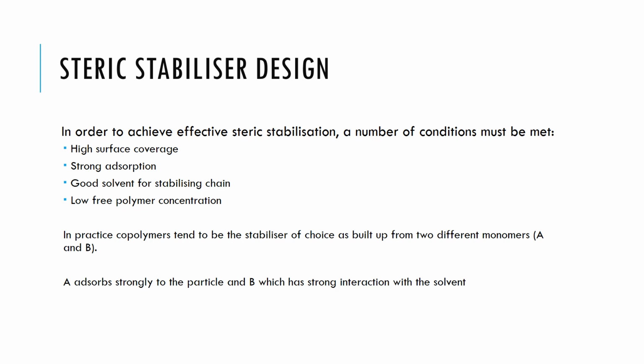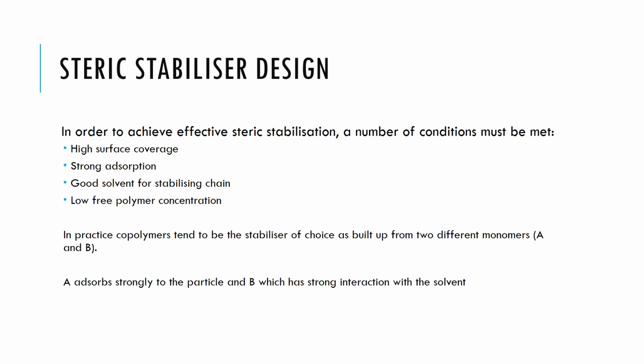When you think about designing one of these steric stabilizers, so you're thinking about synthesizing or developing a polymer that's appropriate for the particle under study, you've got to think about several things. You want high surface coverage, so you want your polymer to interact heavily with your particle. You want strong adsorption.